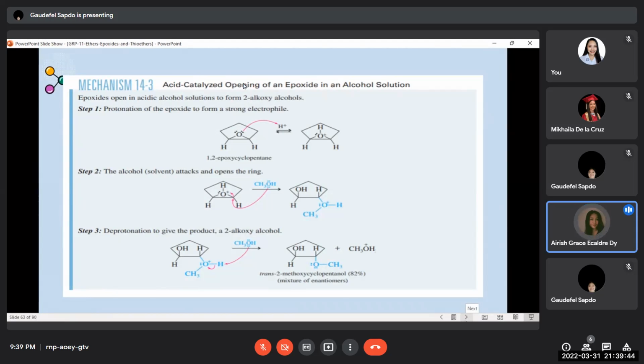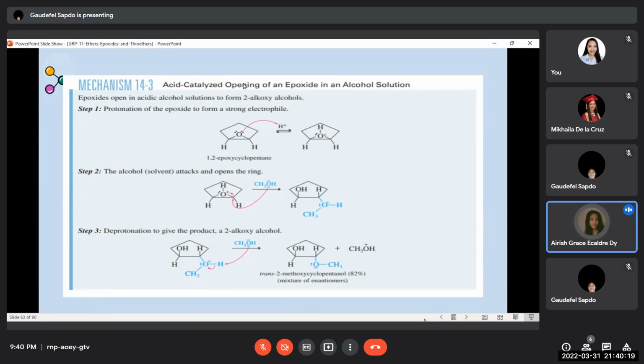So step 2, the alcohol solvent attacks and opens the ring. In here, the CH3OH will attack the carbon along the way to the positive oxygen and will open the ring.